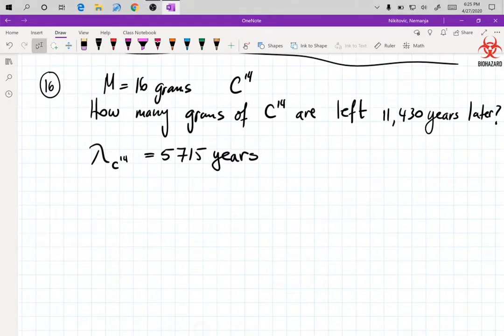The first business here is to calculate ln 1/2 divided by 5715, which will give us our k. Now, remember to keep 4 significant digits. That is your job.